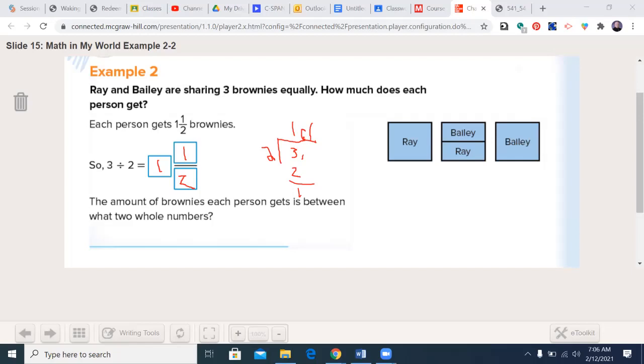Whole number, numerator, denominator. And what is this in between? Well, it starts with a 1, so it's between 1 and what's the next whole number? Between 1 and 2. So go ahead and write that in, and then we'll go to the guided practice in about 30 seconds.